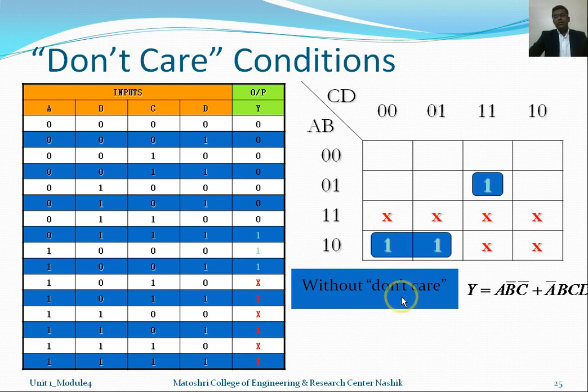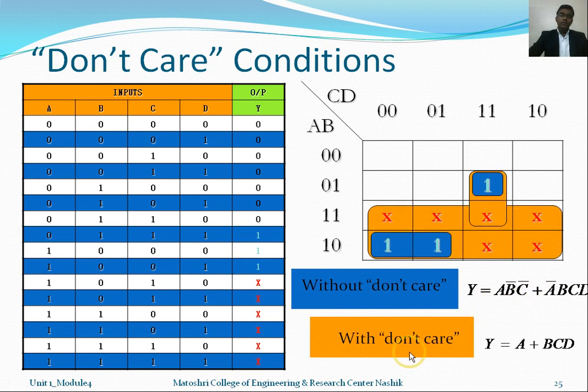So without don't care, with only the pairs and individual cells, we get the output expression like that. But with don't care, if we make a bigger group, then we get the output expression like that.